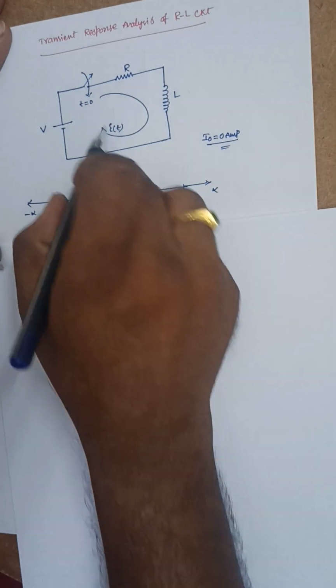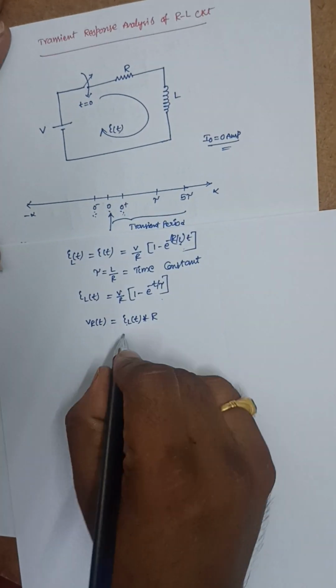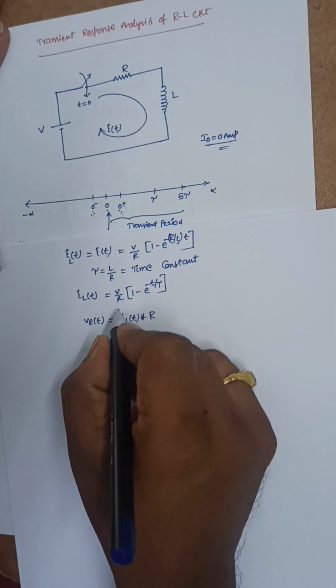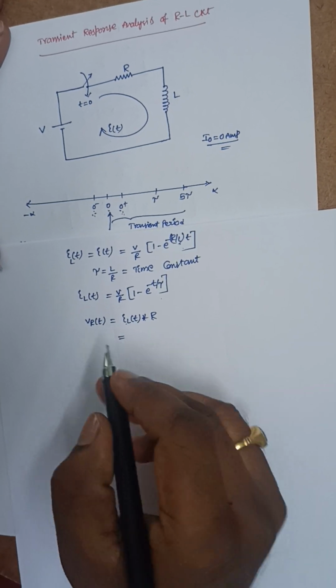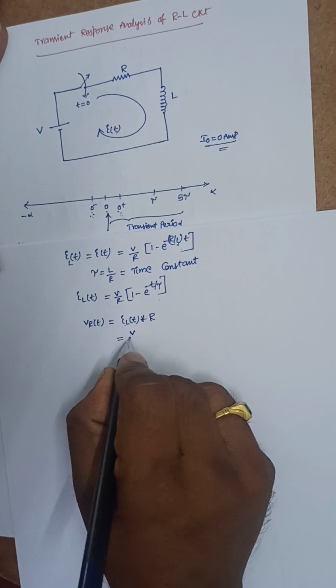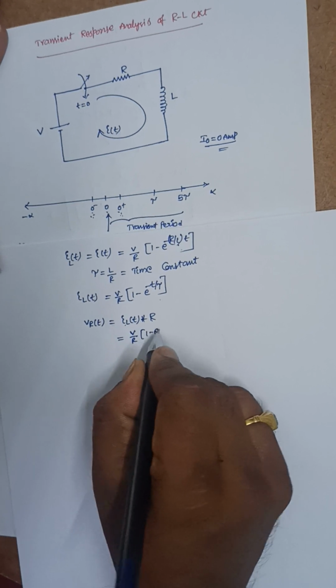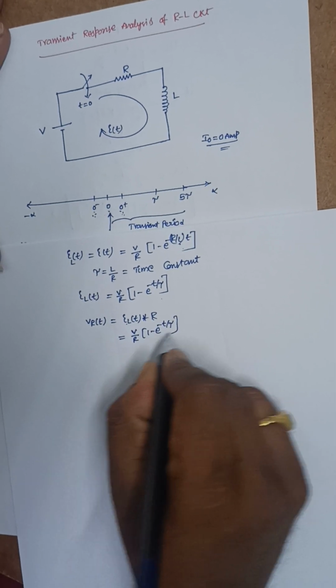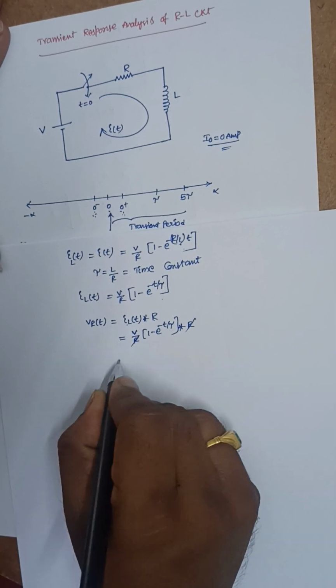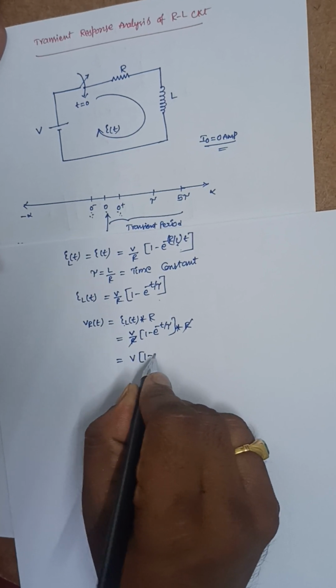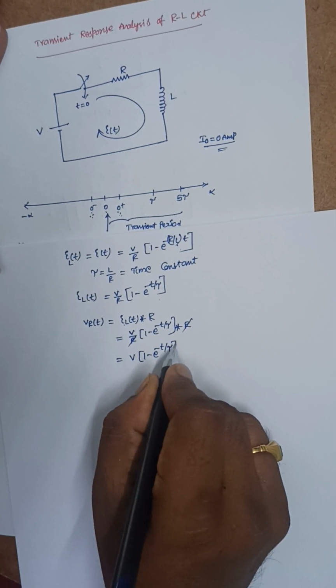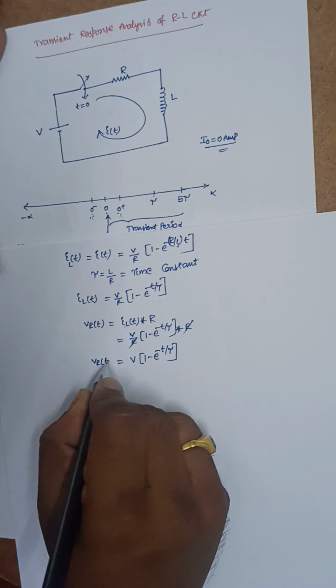By multiplying this resistance with this current, I get the voltage across the resistance. So it is V by R into 1 minus e power minus t by tau, into R. This R and this R get cancelled, so it is V into 1 minus e power minus t by tau. It is VR of t.